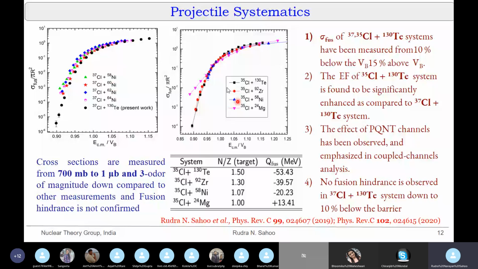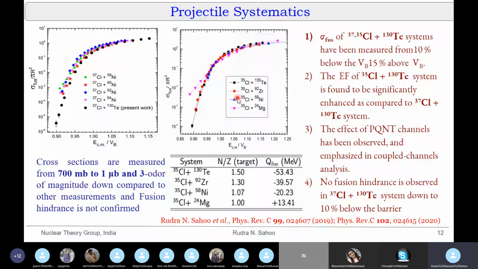And in the 35 chlorine case, we went down 1 order of magnitude as compared to the earlier measurement. In these cases, all the excitation functions follow the same line after normalizing the energy with the barrier and the measured fusion excitation function with the geometrical cross-section.